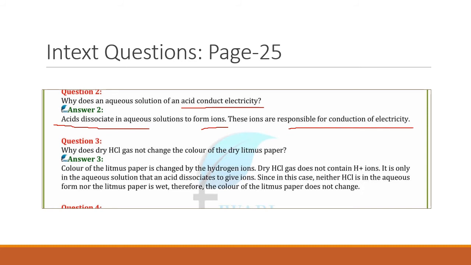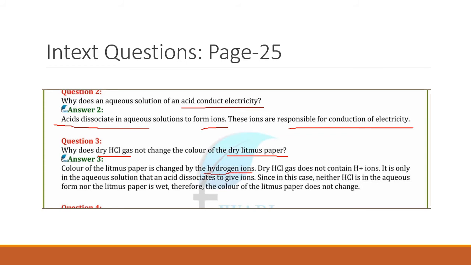So, third question: why does dry HCl gas not change the color of dry litmus paper? For this question, I have very well shown you the experiment in my video. Let us discuss once again. Dry HCl does not dissociate to produce H plus ion. The color of litmus paper is changed by the hydrogen ion.